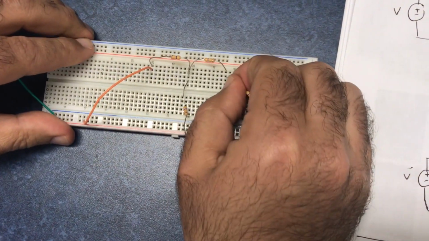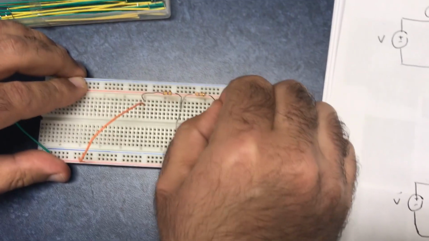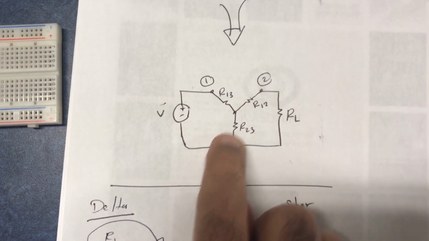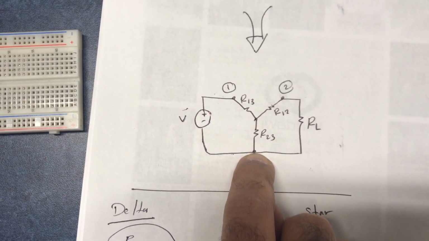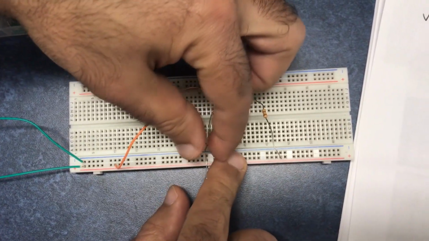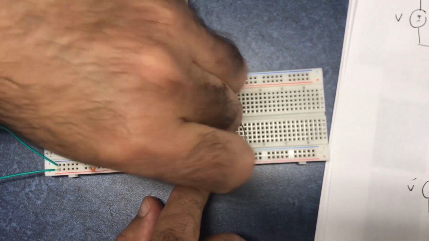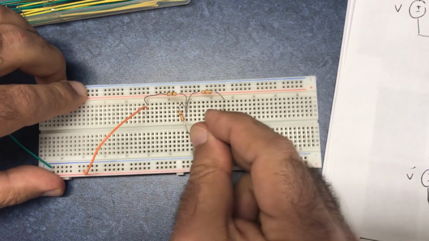It is connected to another resistor here, like what we have in this circuit. So I have this connected to this circuit, and then this and this are connected to the same node. So this terminal and this terminal are connected to the same node.